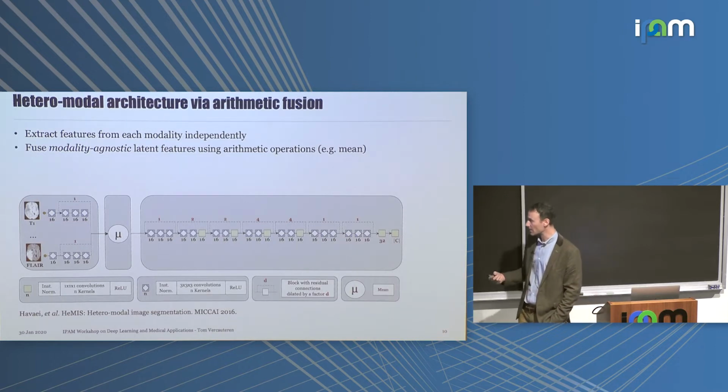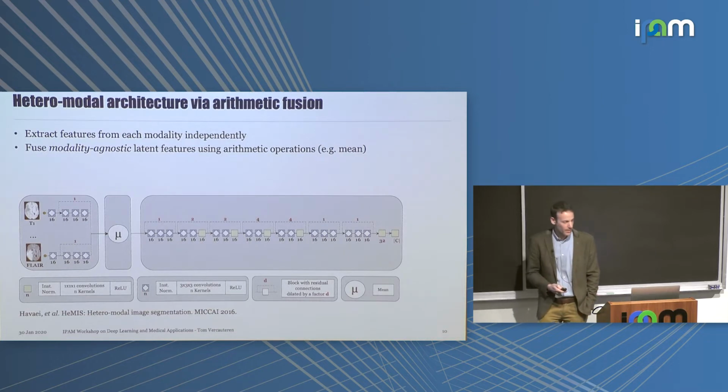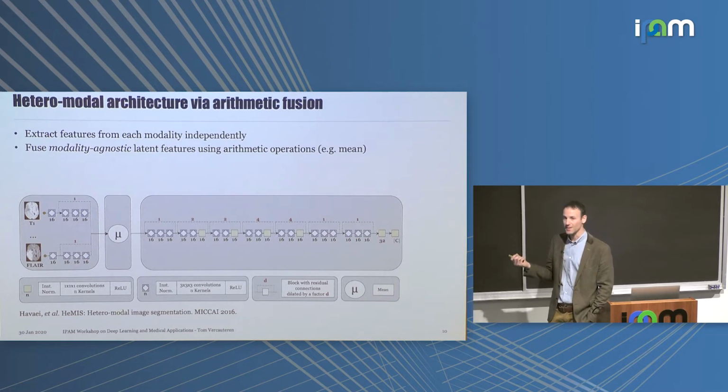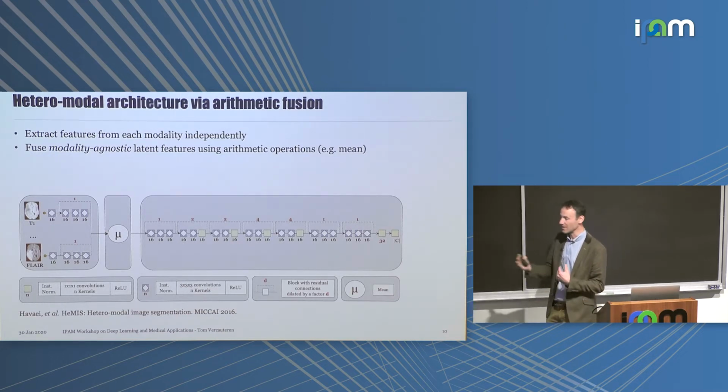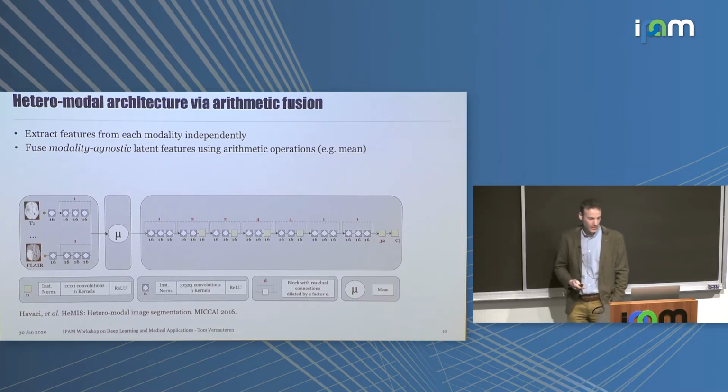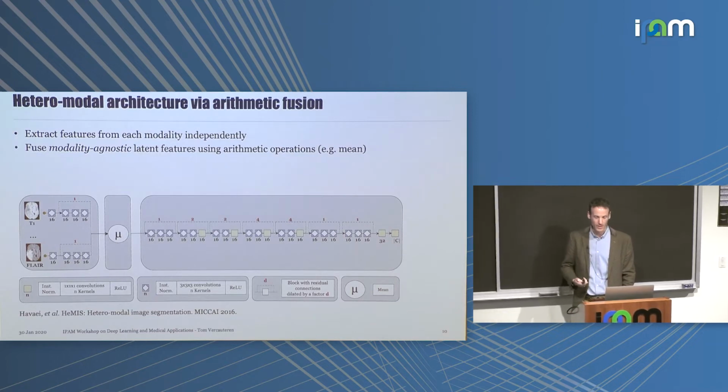So that's all great, and in practice this allows us to deal with missing modalities. However, we don't really have any theoretical understanding as to why the mean is a good one. It seems a good way of merging information, which can deal similarly with different numbers of modalities, but it's not sure that there's any optimality in doing so.